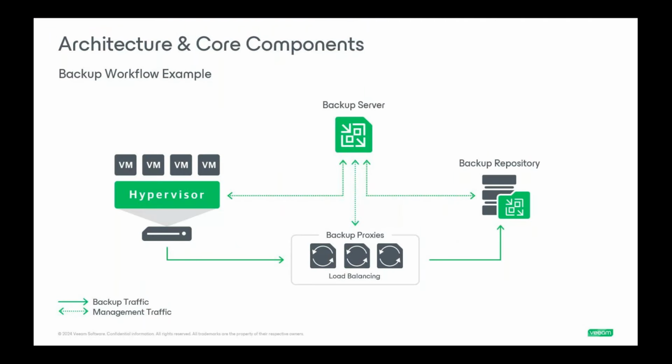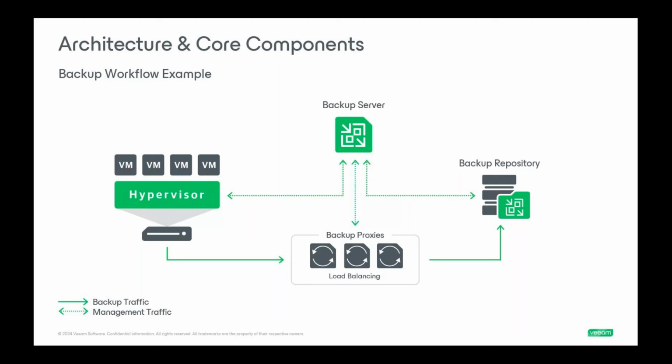So this is kind of a little bit later. There's a more detailed view of this one, but we gave an overview of the different components earlier. This is kind of a diagram of those with the production hypervisor also included. So, let's say you schedule a job, and the backup server would communicate through the hypervisor using the native APIs to locate the information about the VM, the location of the VM on the SAN or on the direct storage, whatever the case may be.